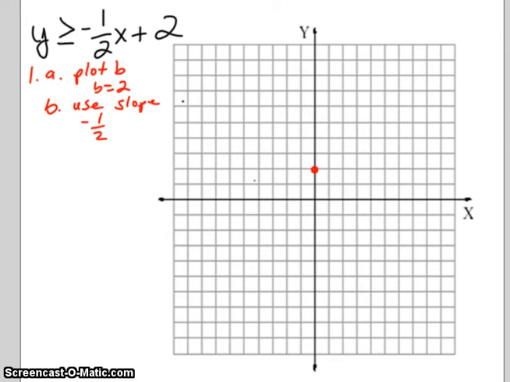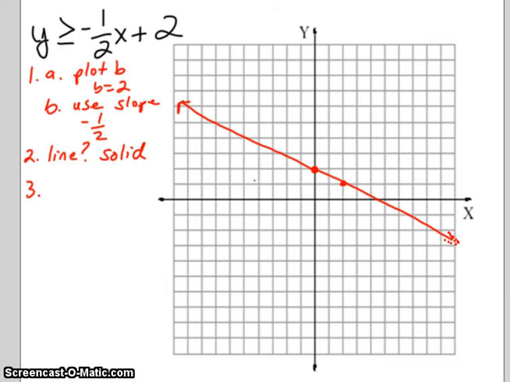Okay, so I'm going to go down 1 and over 2 to the right. What kind of line? We have greater than or equal to. Alright, so it's going to be a solid line. Okay, if it's equal to, it's going to be a solid line. Less than or equal to, greater than or equal to.